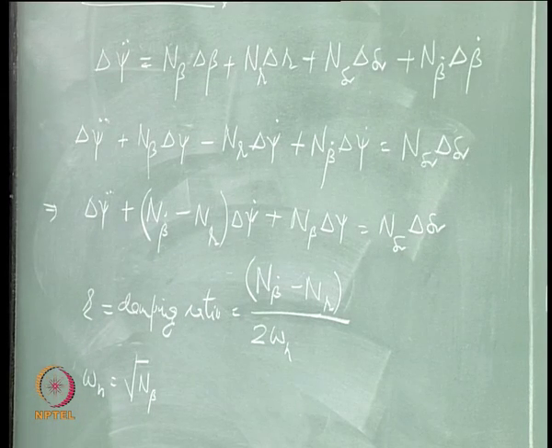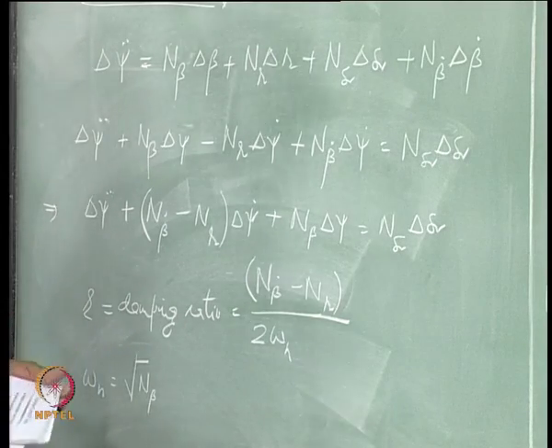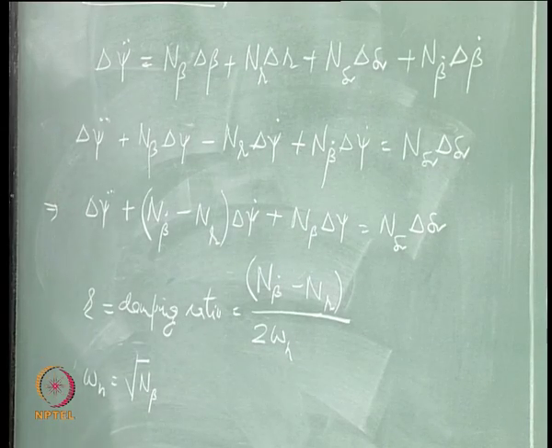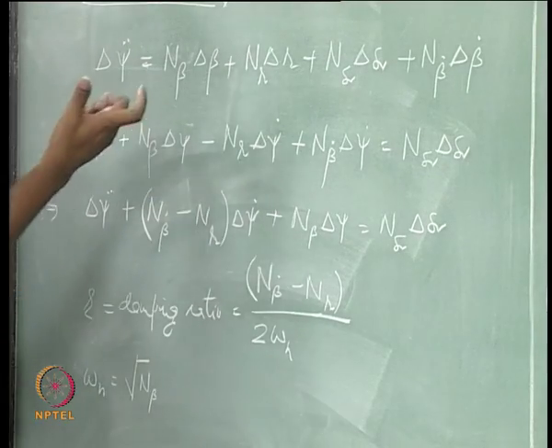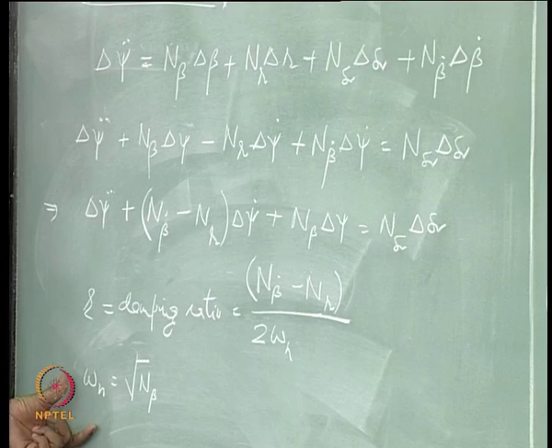What we want to do in this case is design a stability augmentation system which will enhance the damping of aircraft in yaw motion, and that will also have an effect on the frequency. Okay.